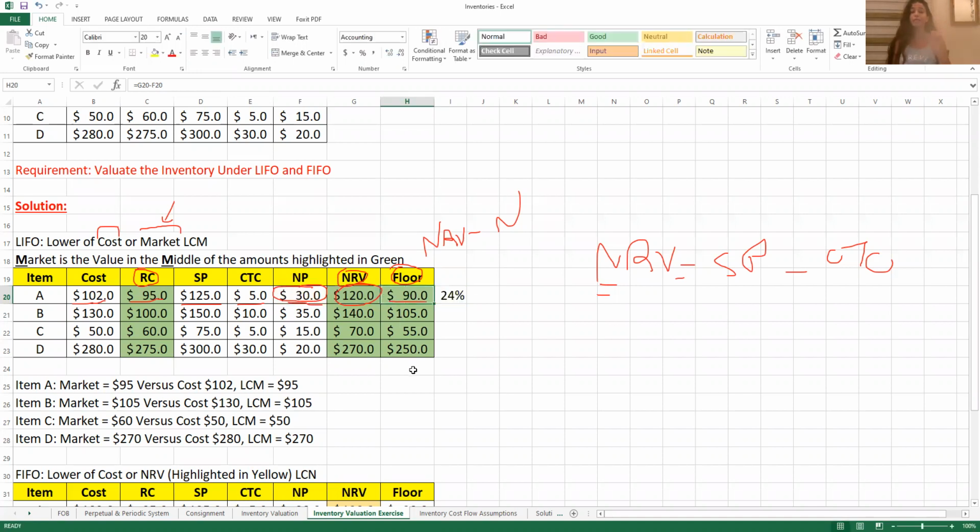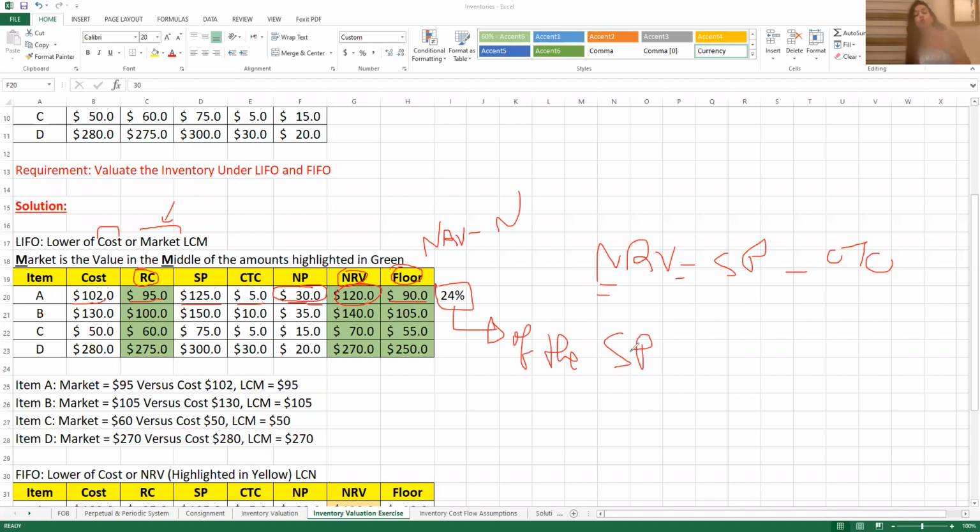Now, sometimes they don't tell you that the normal profit is $30. They just tell you that the normal profit is 24%. And the student starts thinking, 24% of what? Definitely, that's a normal profit, which means it's 24% of the selling price.